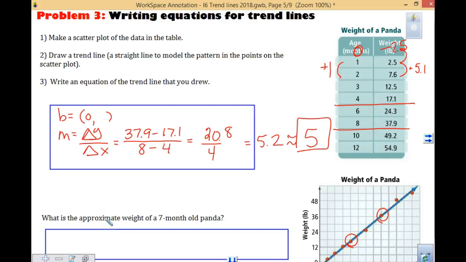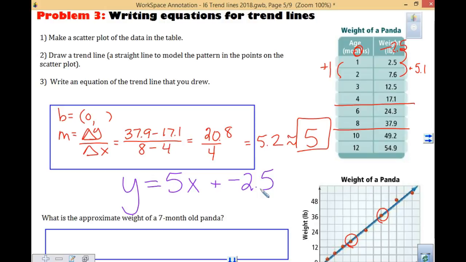So the question said to write an equation. If you are writing an equation, we can now write it. Y equals, what was our slope or rate of change? 5x, and going back, plus a negative 2.5, or you could have just had minus 2.5.